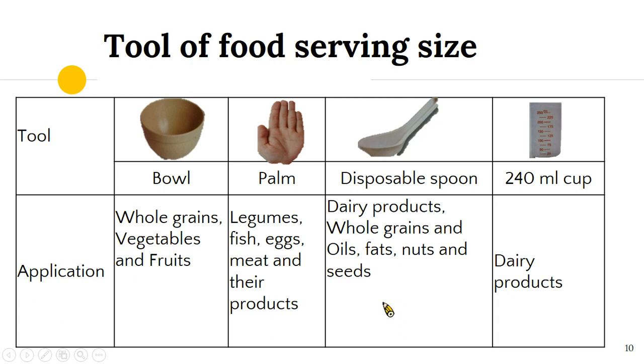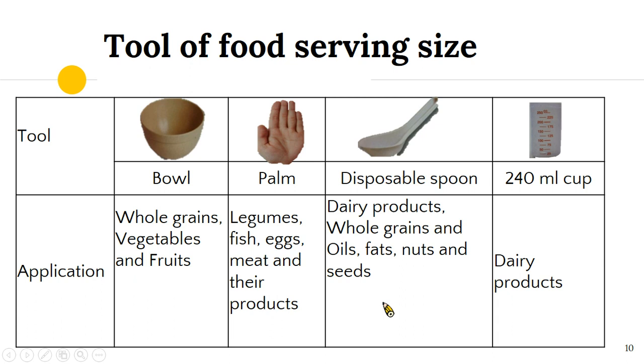There are easy tools for food serving size in Taiwan for this group. You can see the left picture. The bowl can be used to estimate the portion of whole grain, vegetable, and fruit. The palm can estimate the portion of legume, fish, egg, meat, and their products.